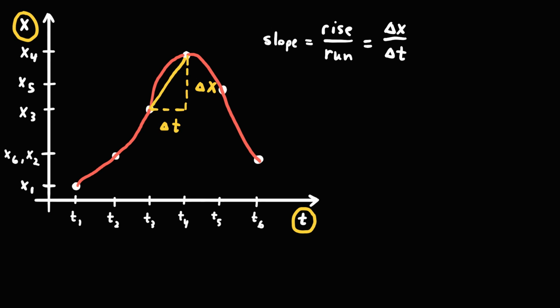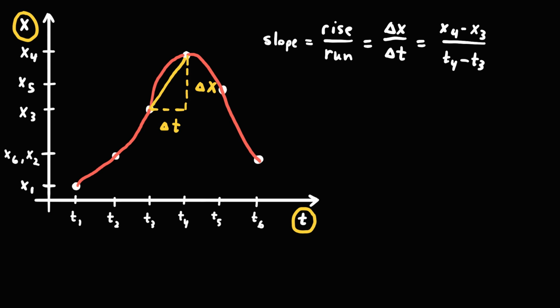And so since I was looking in particular at times t3 and t4 in positions x3 and x4, then the slope of that line connecting those 2 points would be x4 minus x3 divided by t4 minus t3. And so if this were an actual graph of the position versus time with all of the numbers, you could look at the 2 points 3 and 4 and find those positions and times and then calculate the slope of that line that I've drawn.